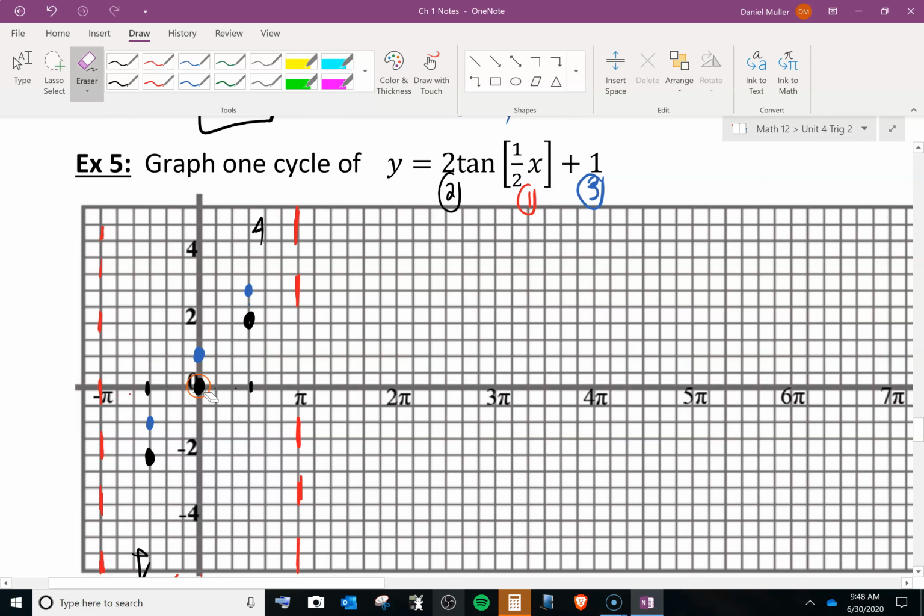So now I've centered myself right here. Now that's the middle, up by 1. And then here, I now can go in the middle, go up 2. And here I can go in the middle, go down 1, 2. And that is my graph.